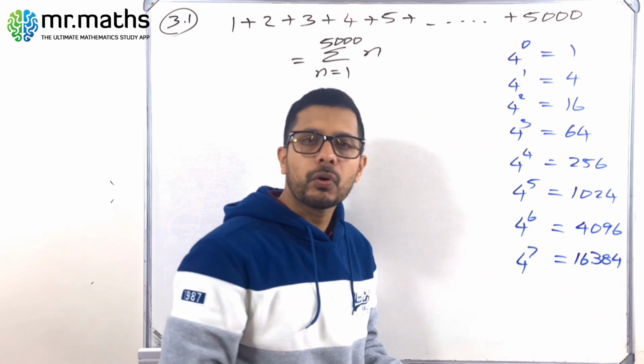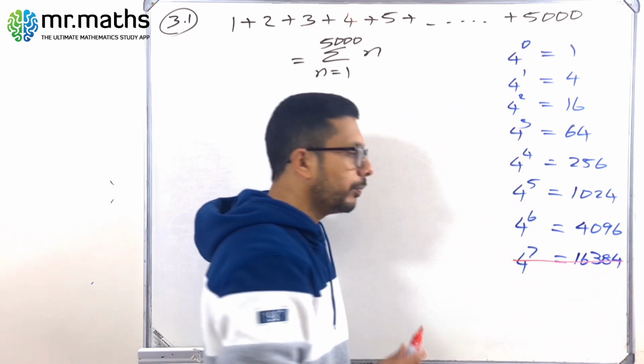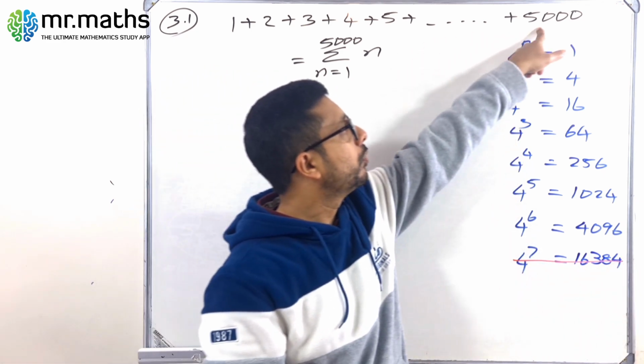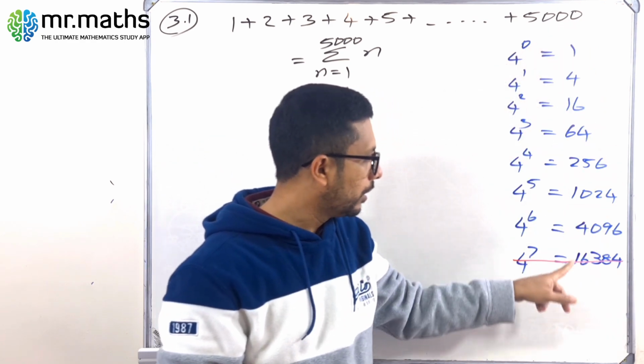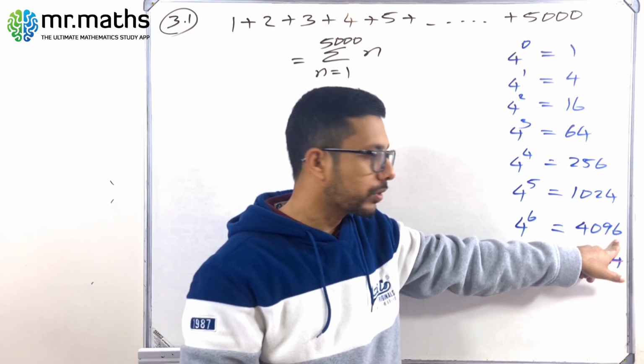But this 4 raised to 7 we can't include, guys, because our sequence is only up to 5000. That means the last one less than that is 4096.